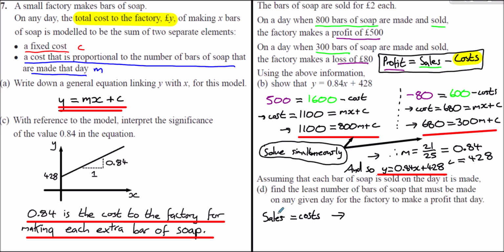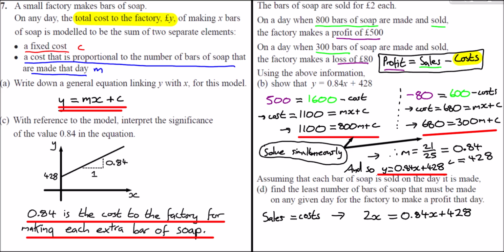then we can go from there. So if x is, of course, the number of bars of soap which gets sold, and each one we sell for £2, then the sales will be 2x, and the costs to the factory, using this linear model, of course, will be 0.84 multiplied by the number of bars we're using, which is x, plus 428.